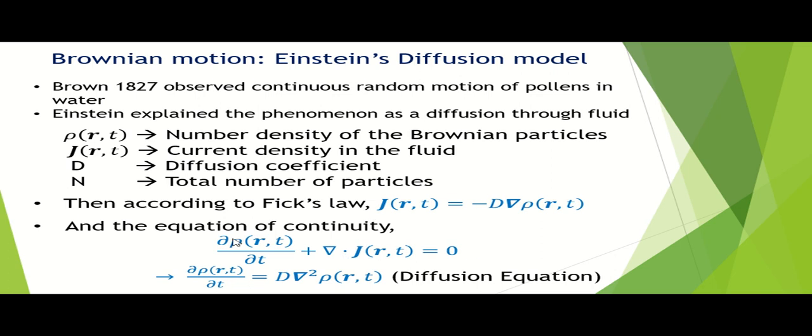If we combine these two equations, the time derivative of rho can be defined in terms of a second order space derivative, and that becomes your diffusion equation for the transient case. If there is no change with respect to time, this simply becomes del squared rho equals zero, like a Laplace equation.